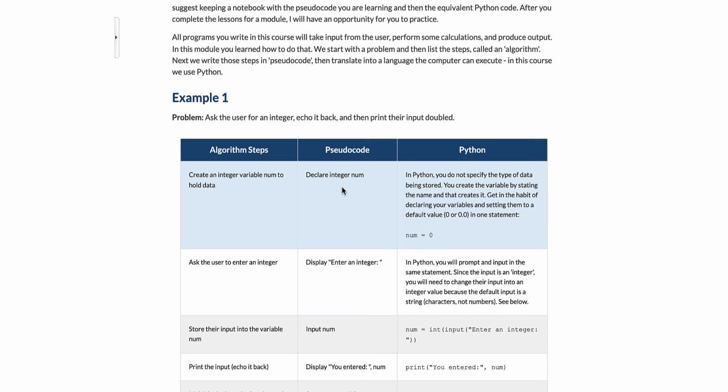So what's the most important is learning how to think about breaking a problem down into steps. And you don't want to just start coding in Python. You want to make sure that all your steps are logical and that they will actually solve the problem. So you want to practice thinking logically using pseudocode, and then you'll go to Python.